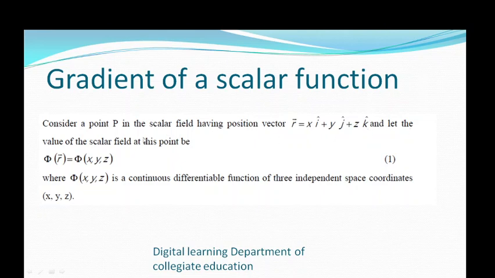And let the value of the scalar field at this point be phi of vector r equal to phi of x, y, z, where phi of x, y, z is a continuous differentiable function of three independent space coordinates x, y, z.